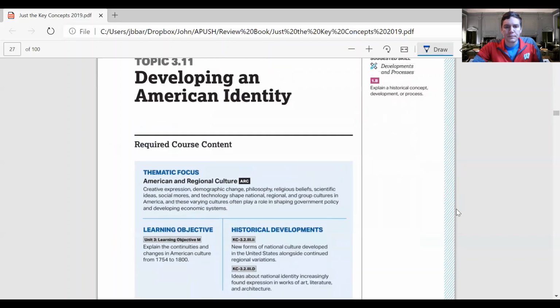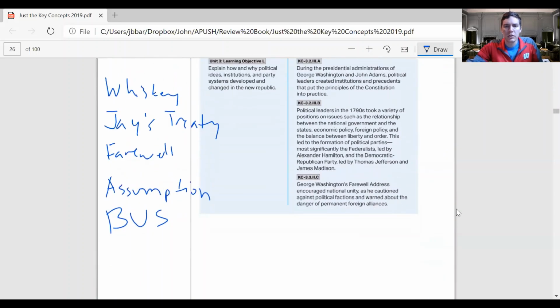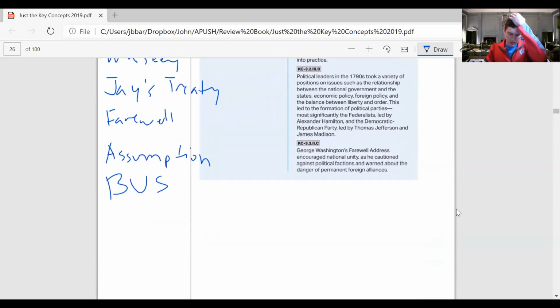I'm just gonna make sure I talk about Adams here on this slide. So Adams' presidency, Adams gets kind of roped in. He was one of the founding fathers. He is one of the men who argued for the Declaration of Independence.